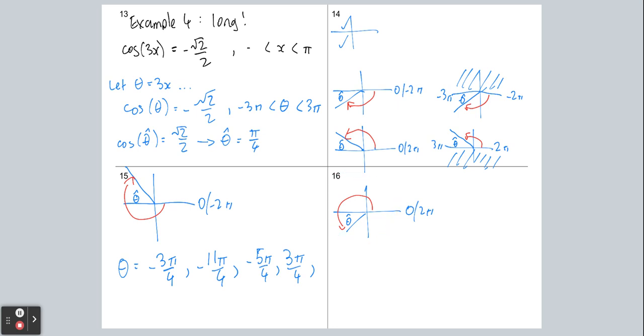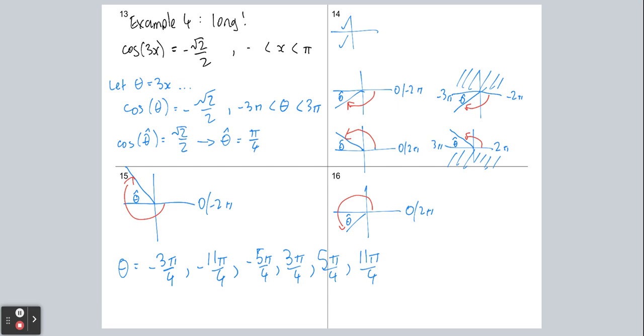And I'm going to go all the way to pi, which is 4 pi on 4, plus another pi on 4, which is 5 pi on 4. And then my last one is, let me see, what did I do? Oh, between 2 pi and 3 pi here. So I've gone all the way to 3 pi, which is 12 pi on 4, back a pi on 4. So I've got 11 pi on 4.